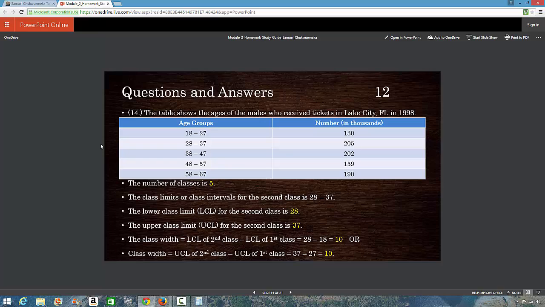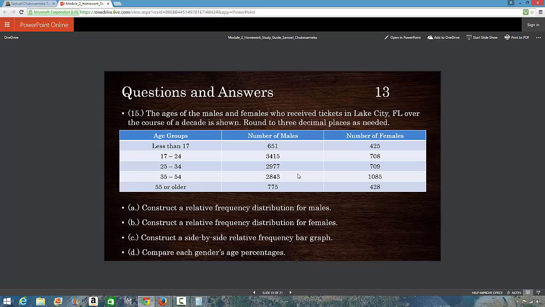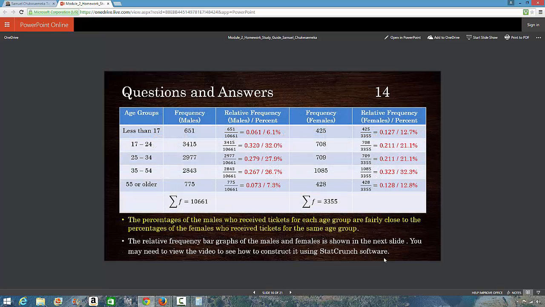But anyway, don't worry about that. Just focus on this. But this is another way to find the class size or class width. You could also do the same thing. You can go over it here so that I don't make this video so long.